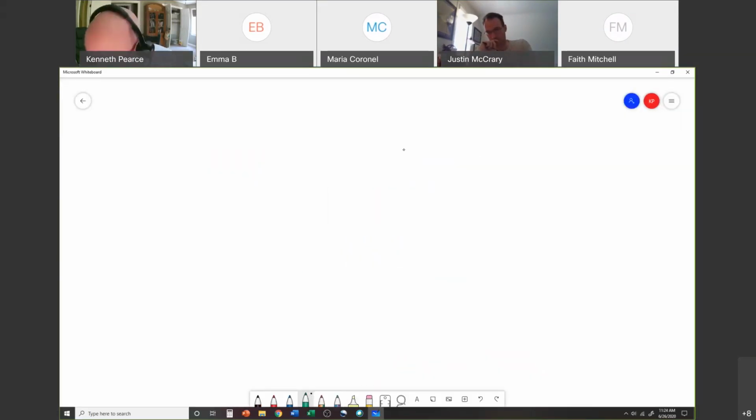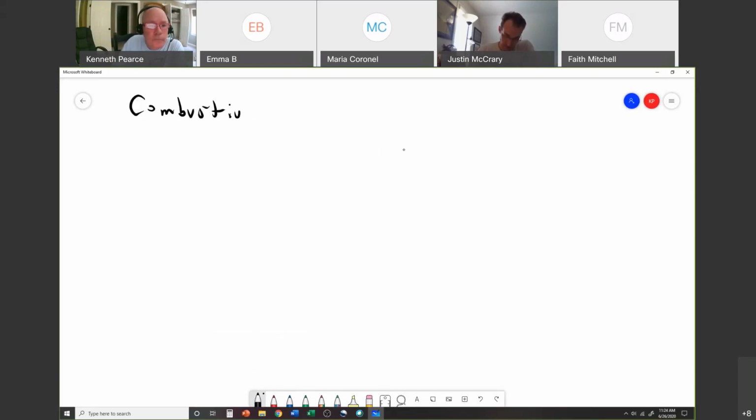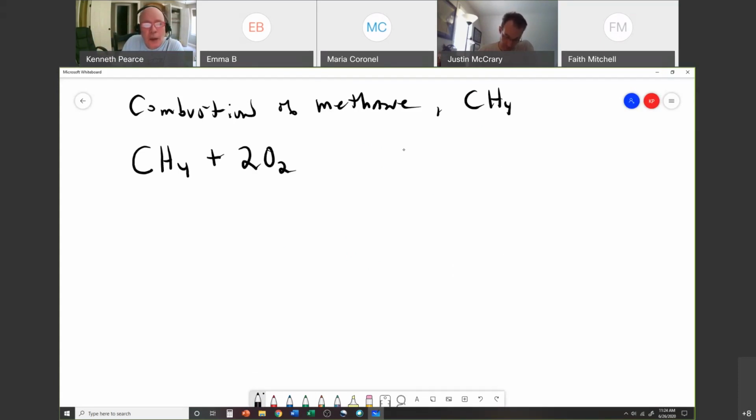So how about the combustion of methane. Methane is CH4. Combustion means it's going to be CH4 plus oxygen gas, and products of combustion are CO2 plus water.